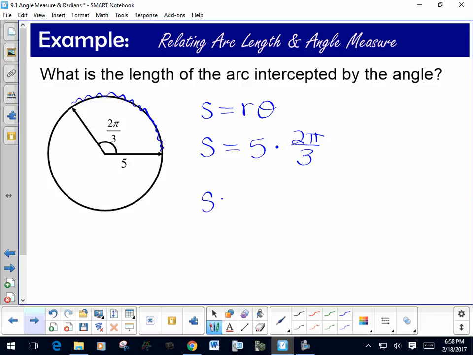If I want to keep that exact, I could times that 5 by the 2 pi to get 10 pi over 3. So that would be an exact length of the arc length. If we wanted a decimal approximation for that, we could calculate that in our calculators, and we get about 10.47.